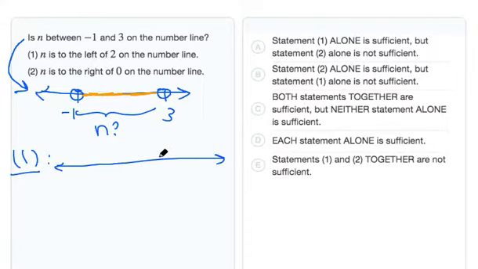And let's put +2 on here. And we know that n is to the left of 2. Now, if we're trying to compare and say whether n is going to be in this range or not, this range, -1 to 3, shows up somewhere in here.